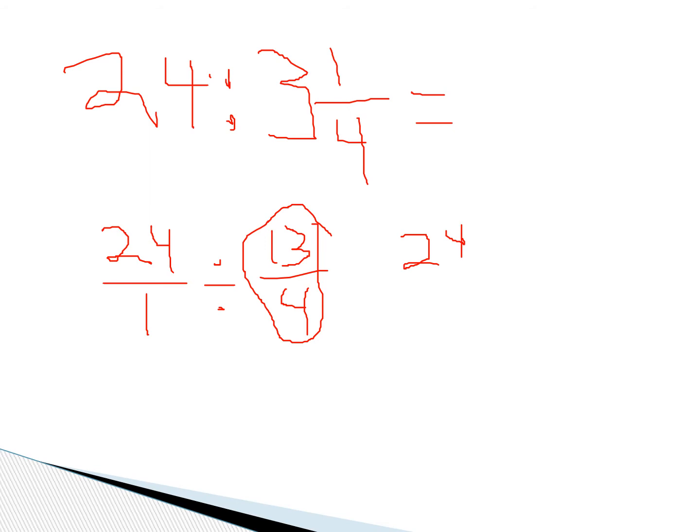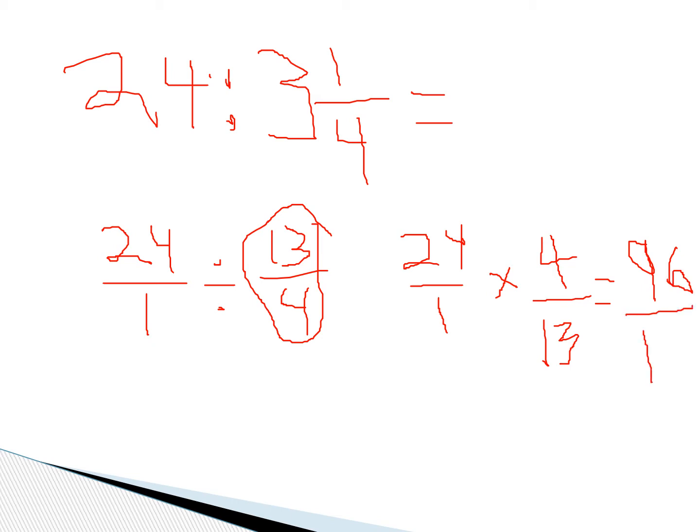So I have 24 over 1 times 4 over 13. Alright, so I multiply that out. That should be 96, because 24 times 4 is 96, and 13 times 1 is 13.